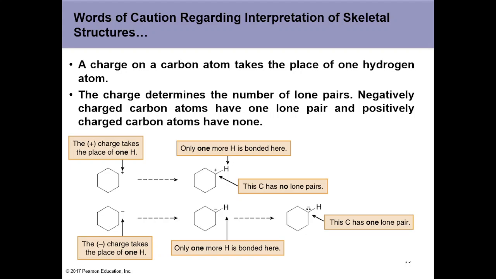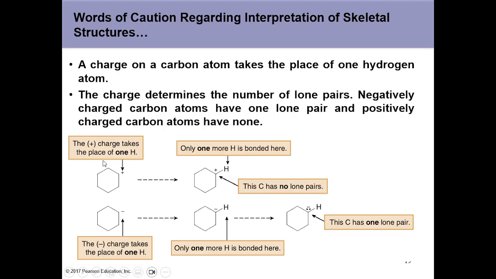Now, sometimes it could be a little bit challenging when there's a charge on the carbon. For example, a normal cyclohexane ring would have two hydrogens on each carbon.